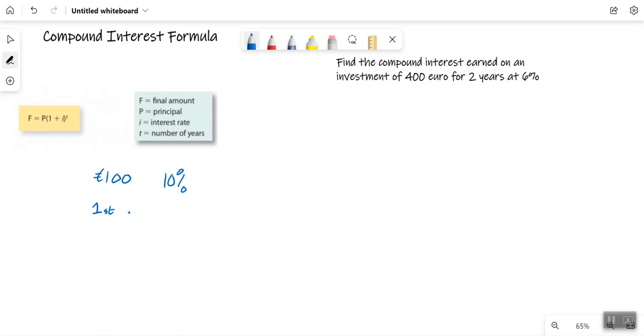So after the first year, you would get 10% of €100, which is €10. So after the first year, your balance would be €110.